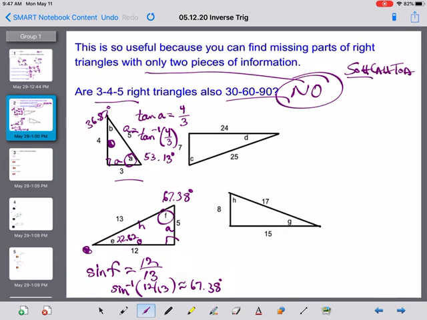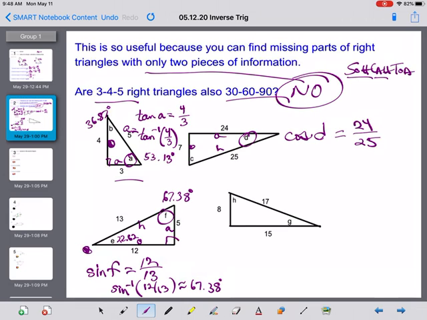Let's do the 7, 24, 25, and I'm just going to have you do it with respect to D, and we'll use cosine. Again, you can use all three. So cosine of D equals adjacent over hypotenuse. So here's adjacent leg, opposite leg, hypotenuse. So 24/25.